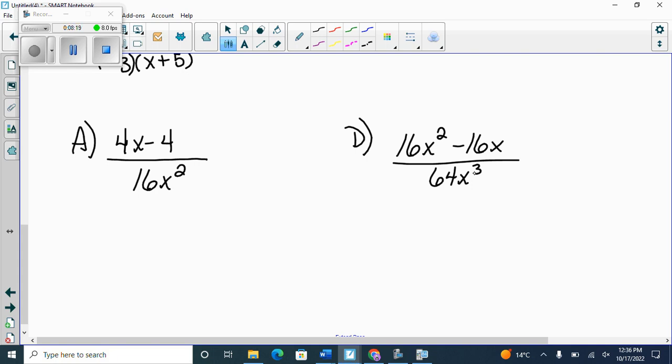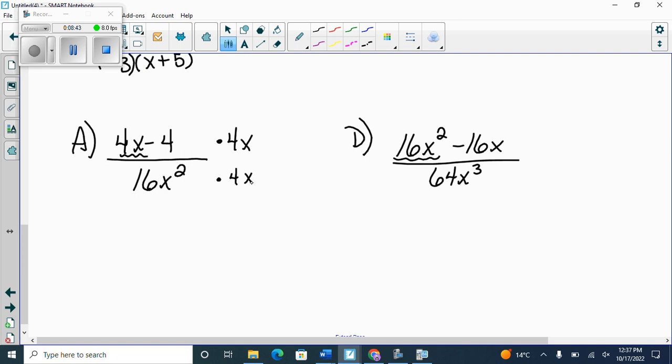I have 4x and I need 16x squared. And, yes, so I multiply by 4x, because I'm comparing this one here to this one here. You see that? So I need to multiply by 4x to get 16x squared. When I do the top, I have to do the bottom when it's equivalent.